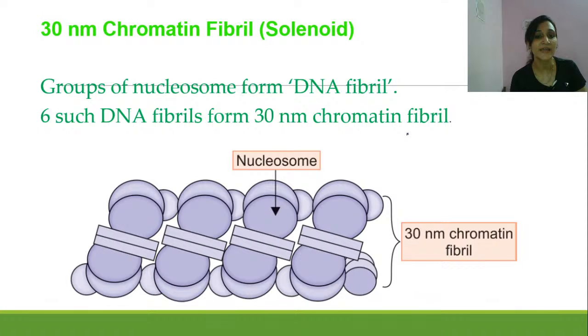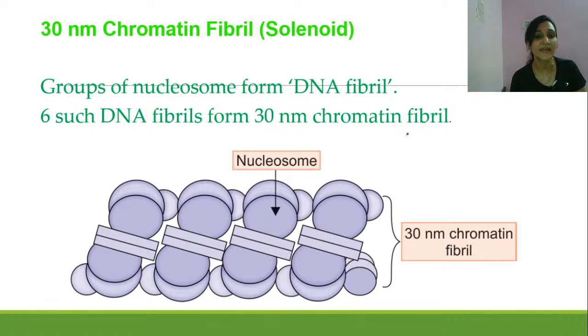Now, coming to another characteristic of genetic material, that is euchromatin and heterochromatin. Euchromatin, in biology we usually use the word eu for true. So, the genetic material which is actually used for giving messages or performing transcription is called euchromatin.